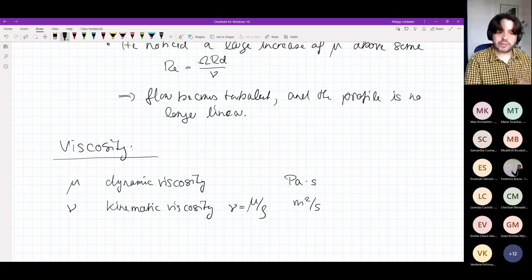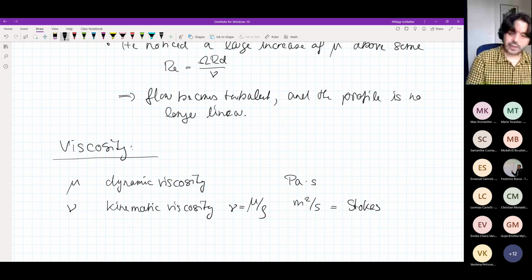So at first, these are just two different definitions of the viscosity. Maybe it's interesting at this point also to say that there are some historical units that are used at times. So meter square per second can also be called a Stokes. So that's an old unit for viscosity, meter square divided by seconds.